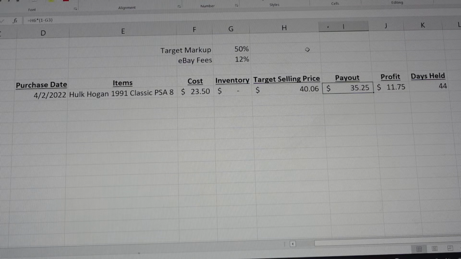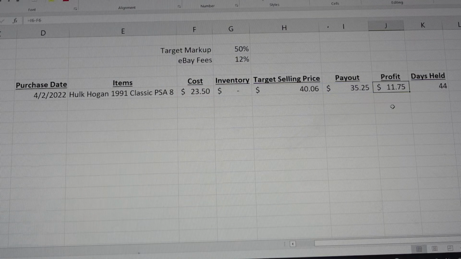So I'm saying 88% of $40.06, which is what I'd get after they subtract 12%, is $35.25. So my payout was $35.25. And the profit on that is $11.75. That's an easy sell, which is I6 minus F6, payout minus cost.